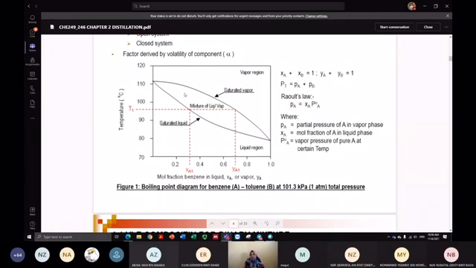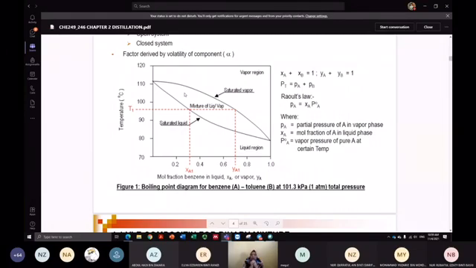There are situations in the distillation process where the condition of the feed is very important information. Why? Because you can only control the condition of the feed.